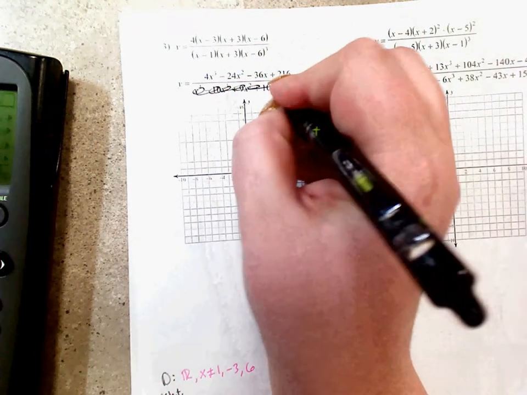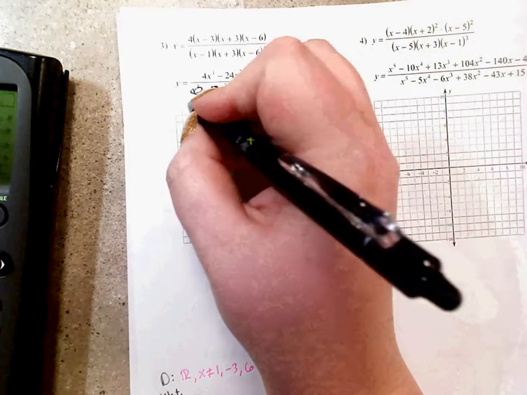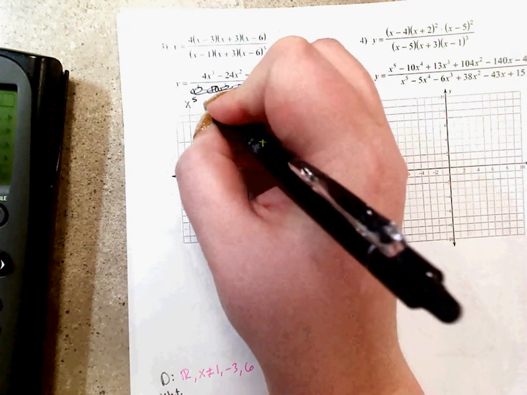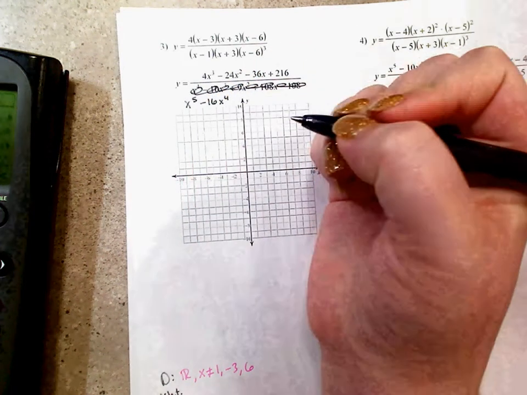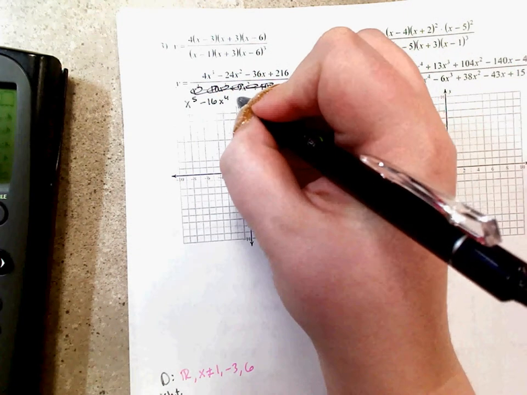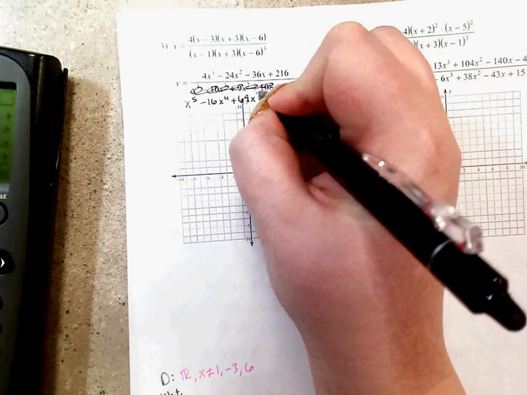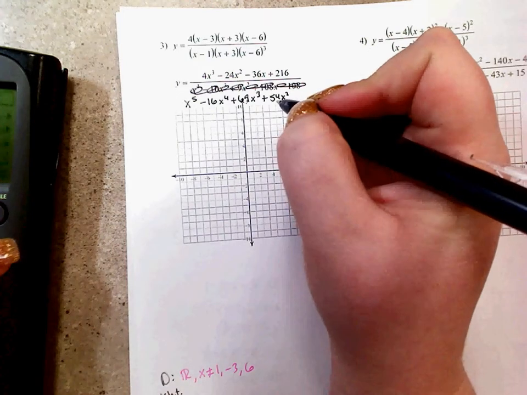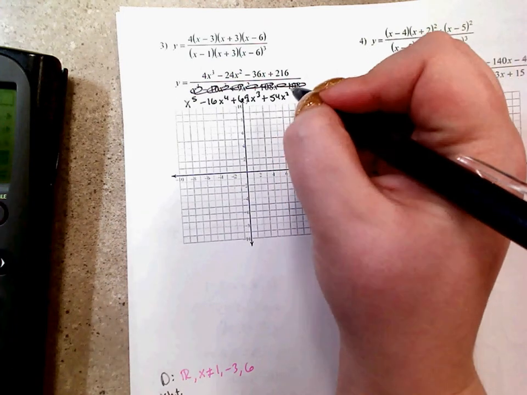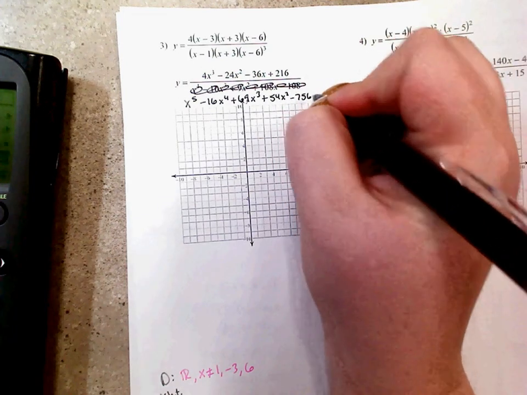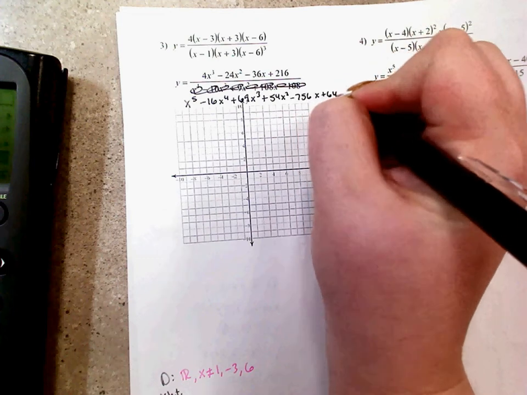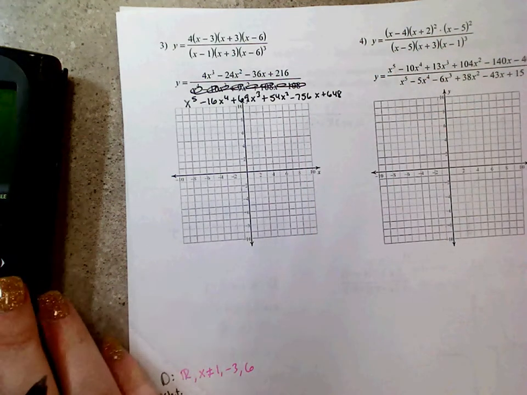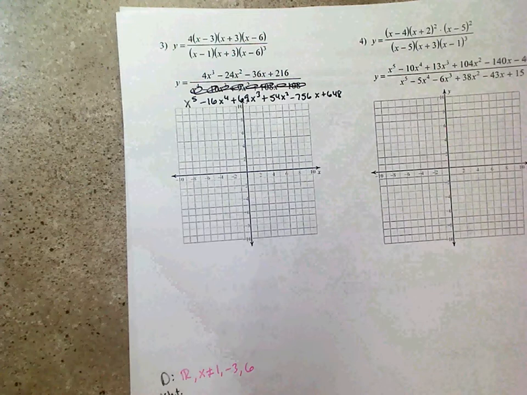Okay, x to the 5th minus 16x to the 4th plus 69x cubed plus 54x squared minus 756x plus 648. Interesting. Okay, so yeah, that makes better sense.